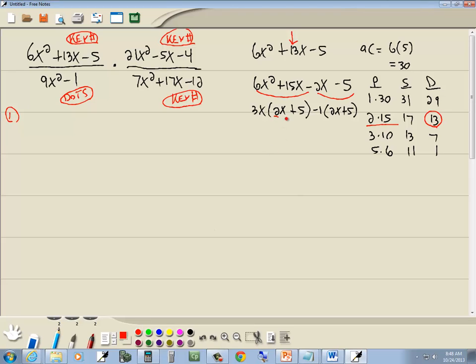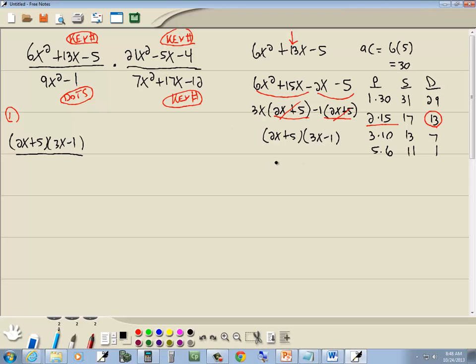Now our goal was to get these the same, so I'll factor those out. To see what goes in your second set of parentheses, you can cross out the 2x plus 5s now. What isn't crossed out is what goes in your second set of parentheses, which would be 3x minus 1. So this factors as 2x plus 5 times 3x minus 1.